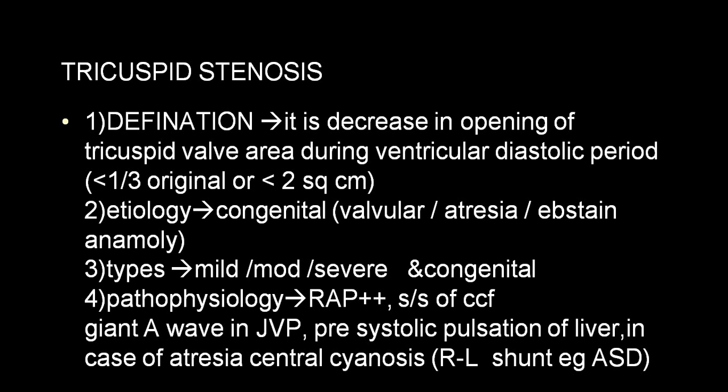Depending upon the area of opening, we can divide into mild, moderate and severe. The acquired variety of tricuspid stenosis is absolutely rare. By and large, it is always congenital. Depending upon the severity, you get the effect on the right atrial chamber.